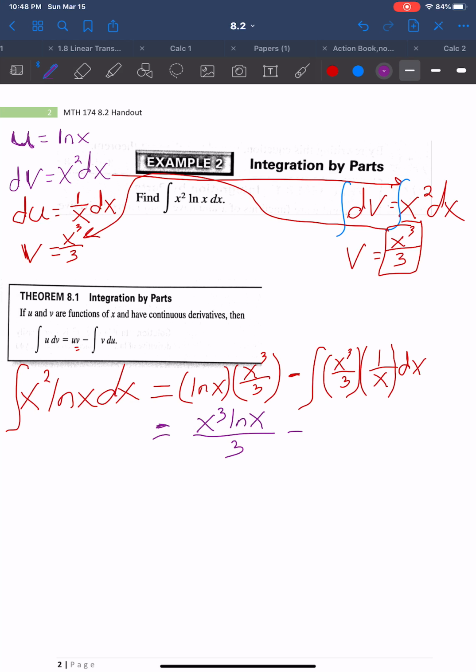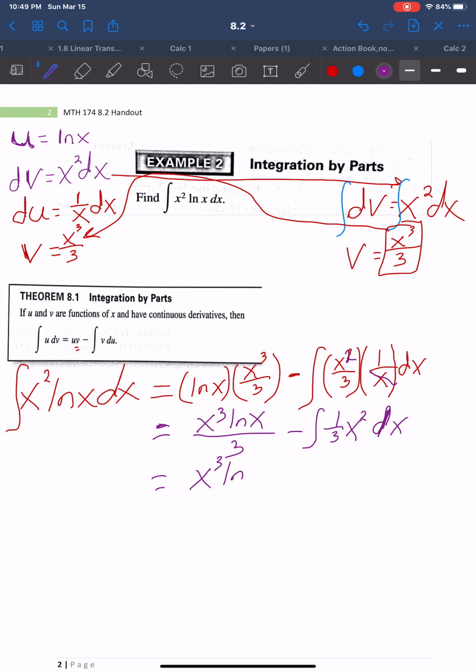So for sure I can cancel this x and write x squared here. Does that make sense? So at that point, I would just simply have 1/3 of x squared. And what's going to happen in just a second is I'm going to bring that 1/3 out in front of the integral, right? Because I had x cubed here, divided by x is just x squared.